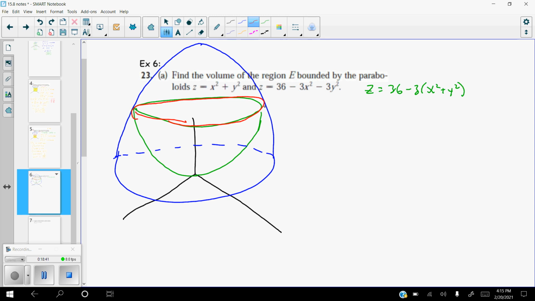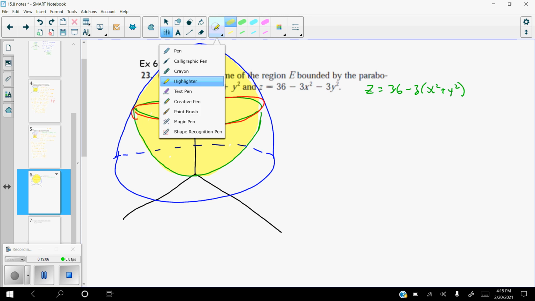So let's go ahead and highlight this again. This part is bounded by it, and this part down here is bounded by it. So all of this kind of egg-looking shape right here is bounded by those two paraboloids.